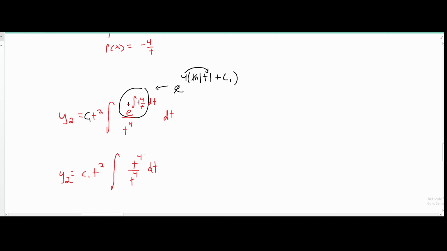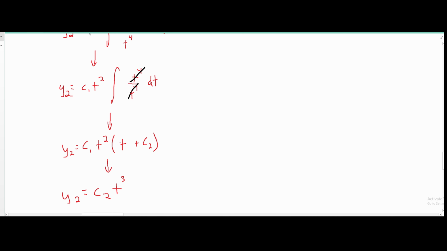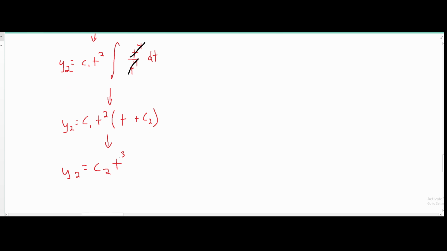After we do this, we rewrite it like this. These are the same, so it just equals 1. After we take the antiderivative of this, we get t plus c2. Then we need to factor this in, and what we're going to be left with as our y2 is c2 times t cubed.